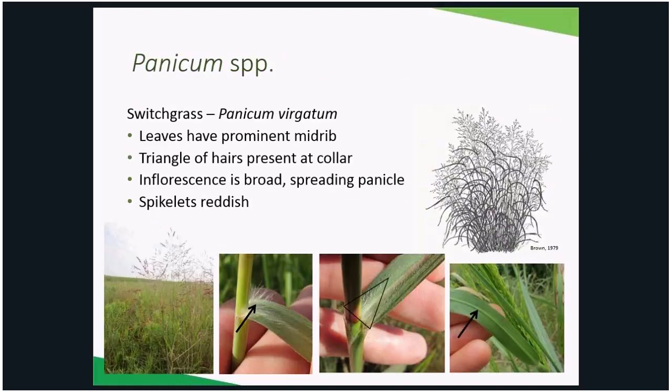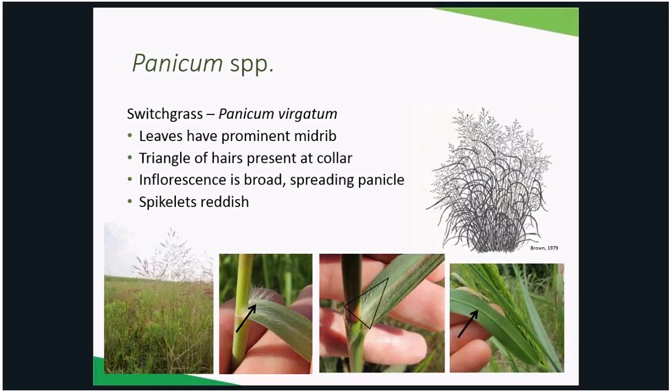Okay, our next group of grasses are the panicums, and I just started right off with an example in this case. So here we have switchgrass, which is a common prairie species. This is a bunch grass, which you can see in this diagram here, its growth form. And its leaves have a very prominent midrib that you can see here.